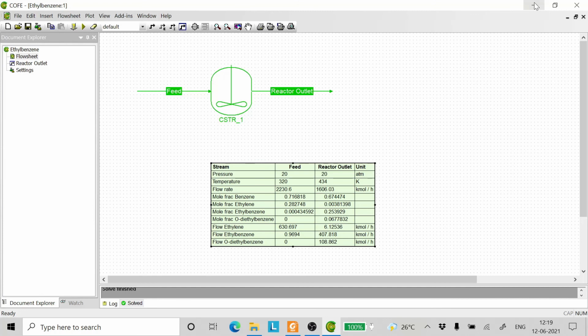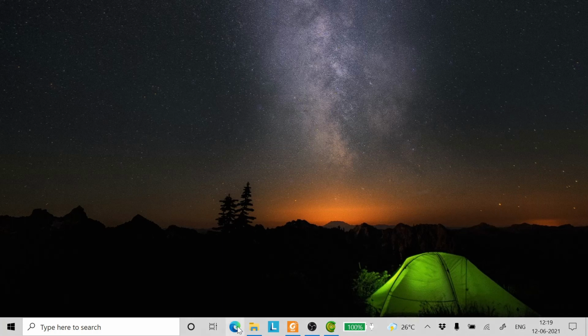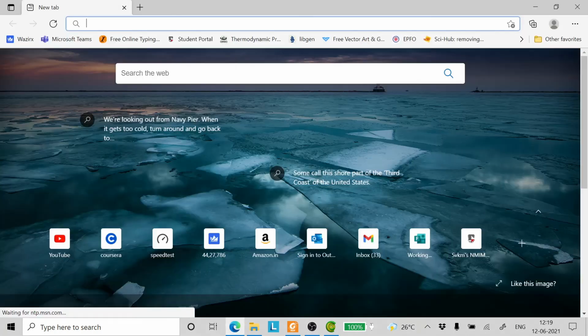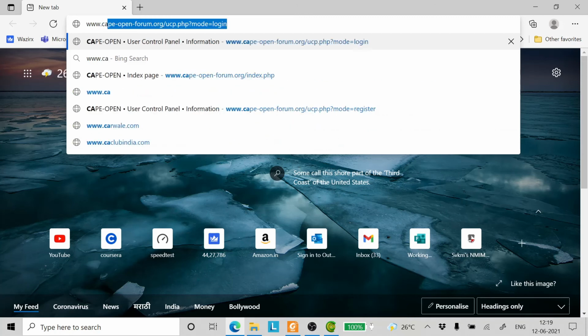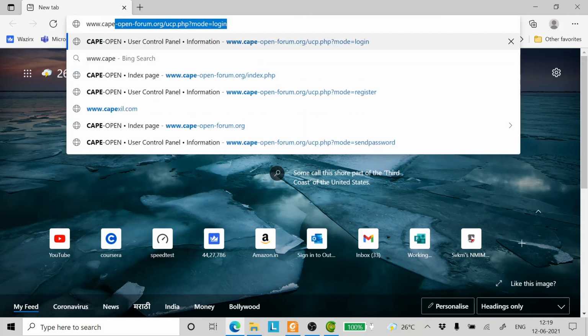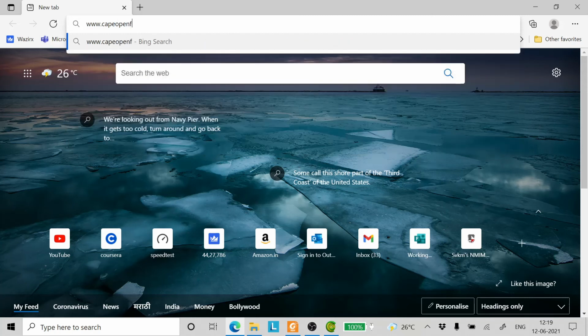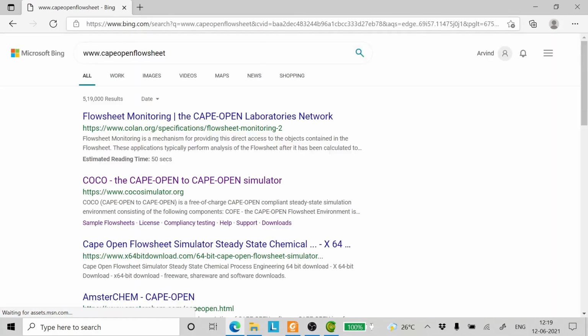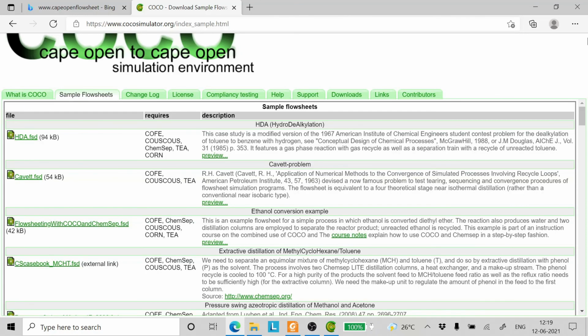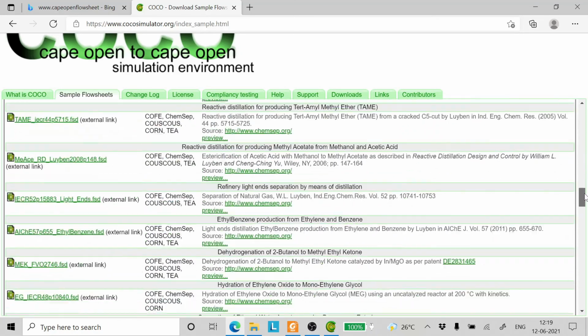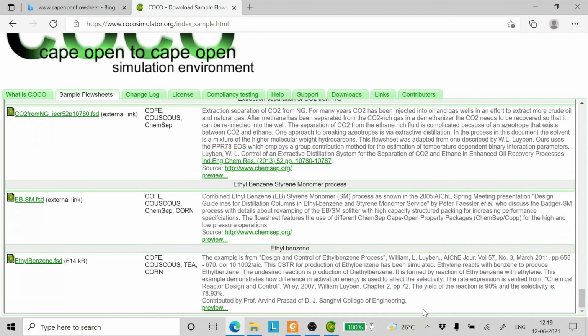You can find more about this problem by going to www.capeopen.org, selecting the COCO simulator, and going to sample flow sheets, and you will find that the problem has been posted here at the end.